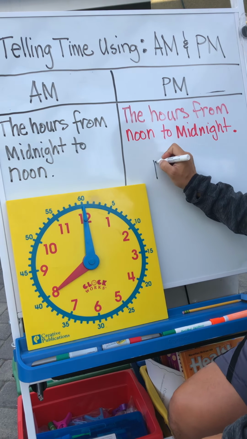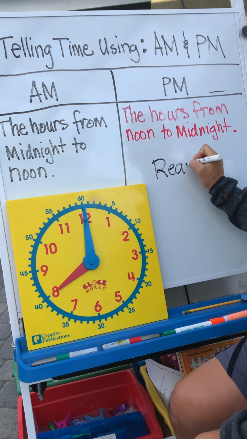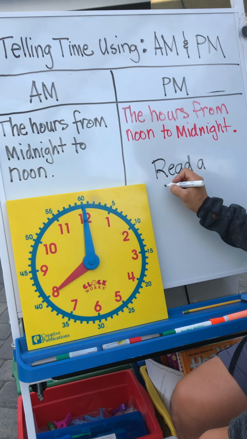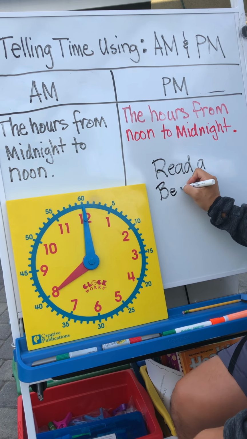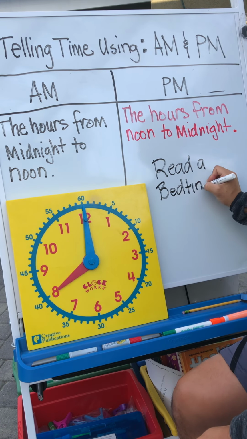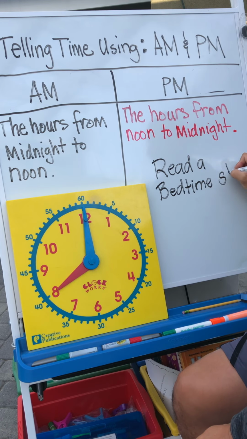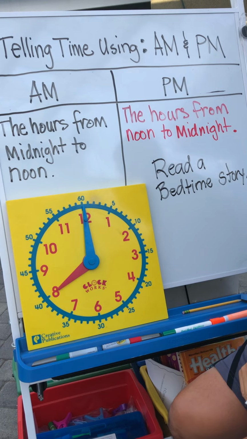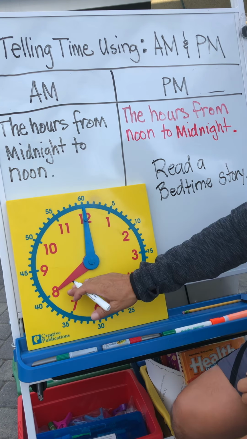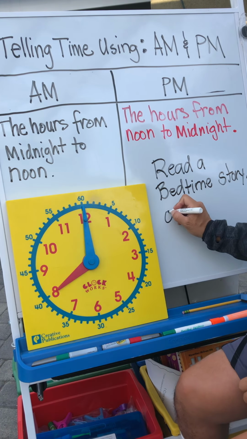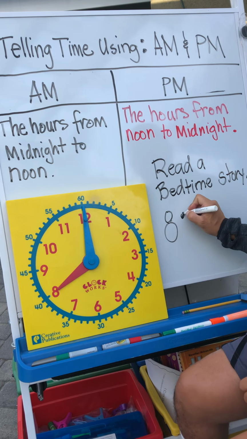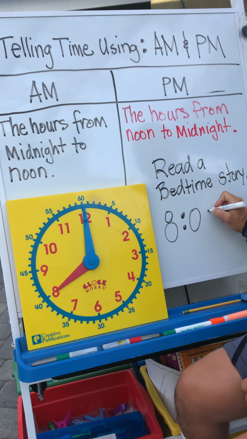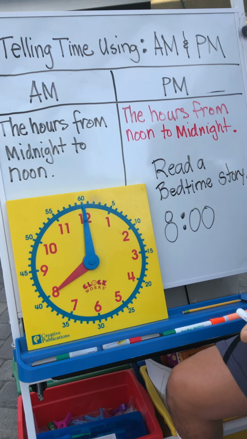So let's say we're going to read a bedtime story. And it's 8 o'clock again. The clock says 8 o'clock. So here's our 8 o'clock, no minutes.